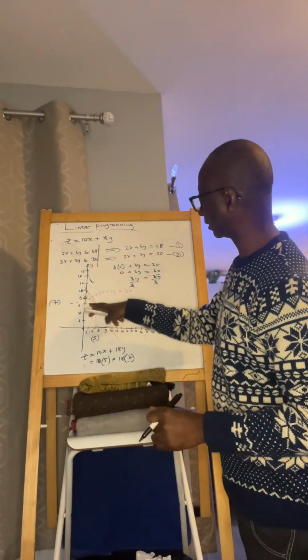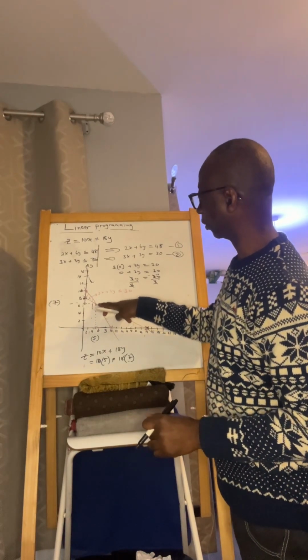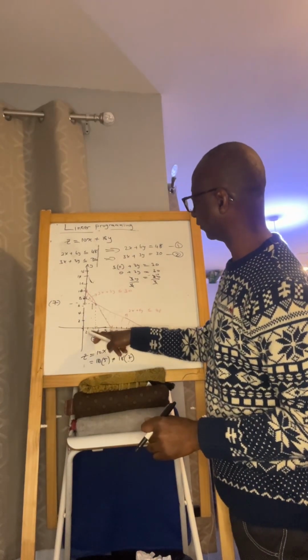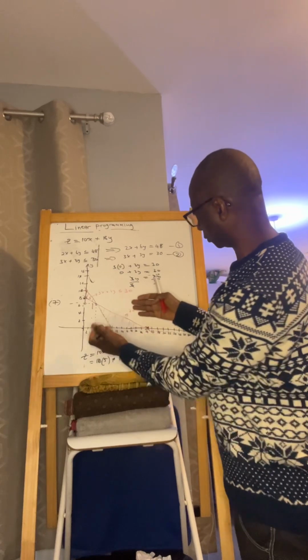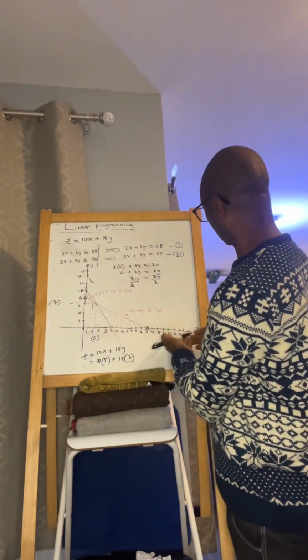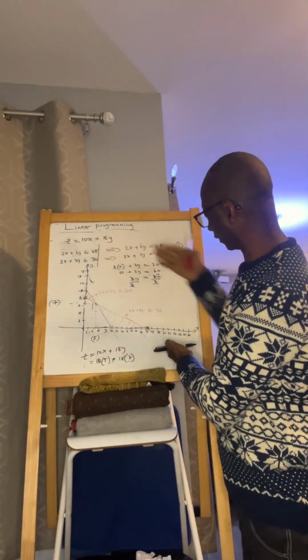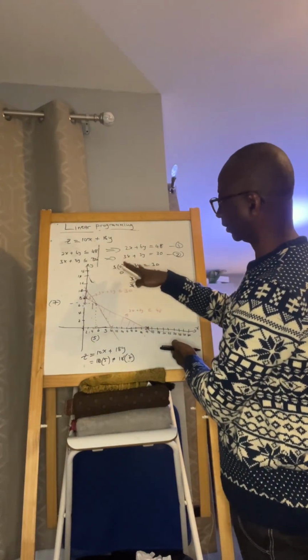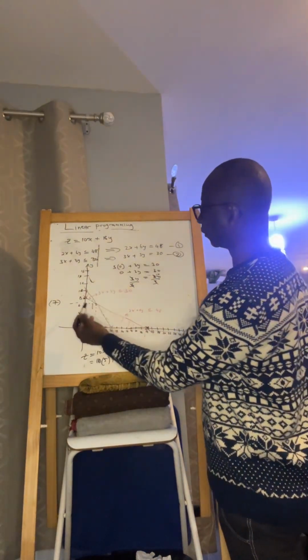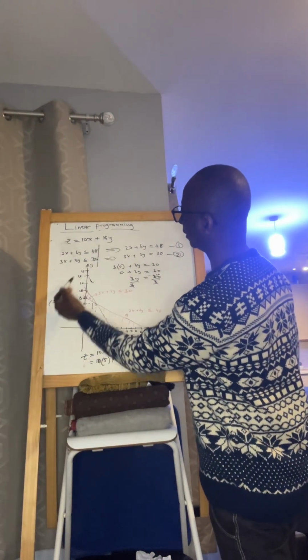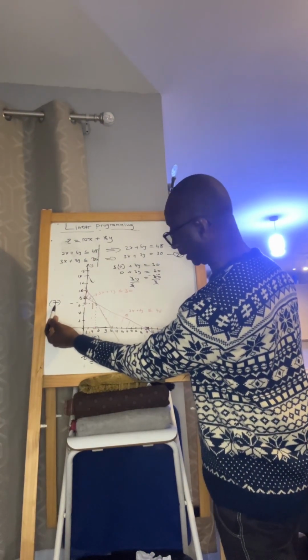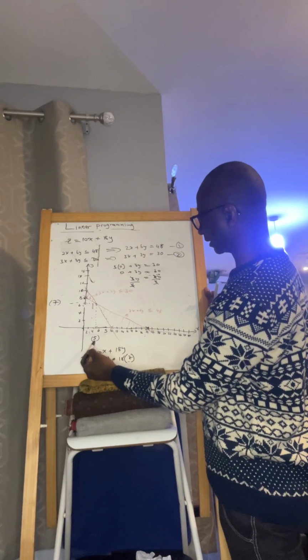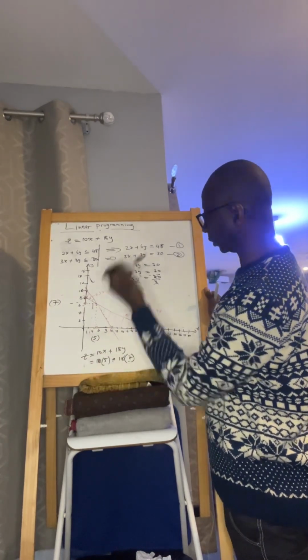The intersect here on the x-axis is 5, on the y-axis is 7. But we know x, before we said, was the number of cars, and y was the number of aeroplanes from our objective function. So therefore, they need to make 7 aeroplanes per week and 5 cars per week in order for them to increase their profit.